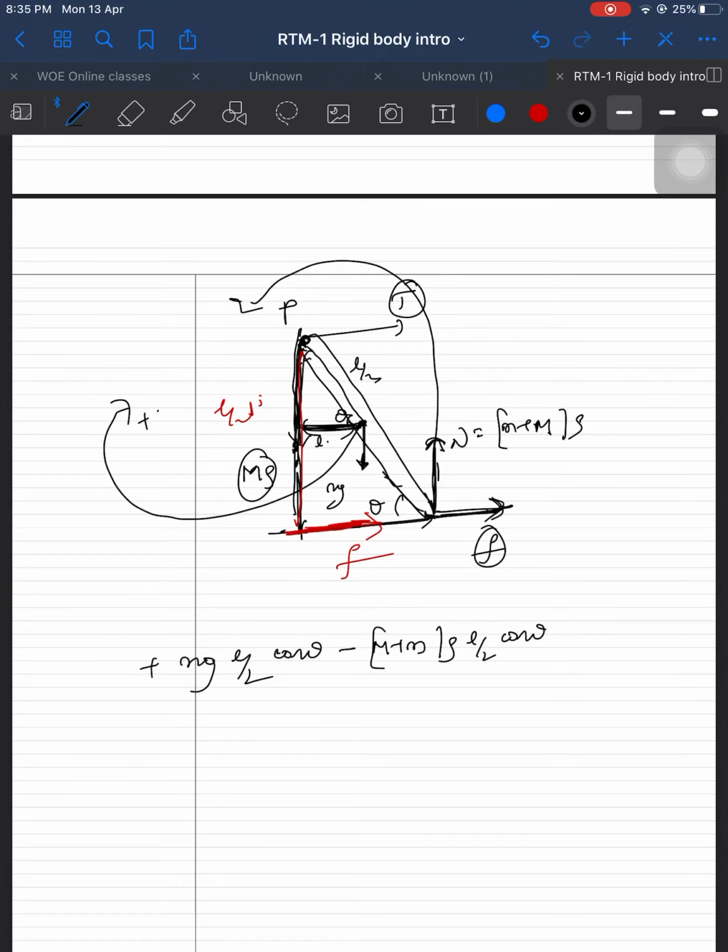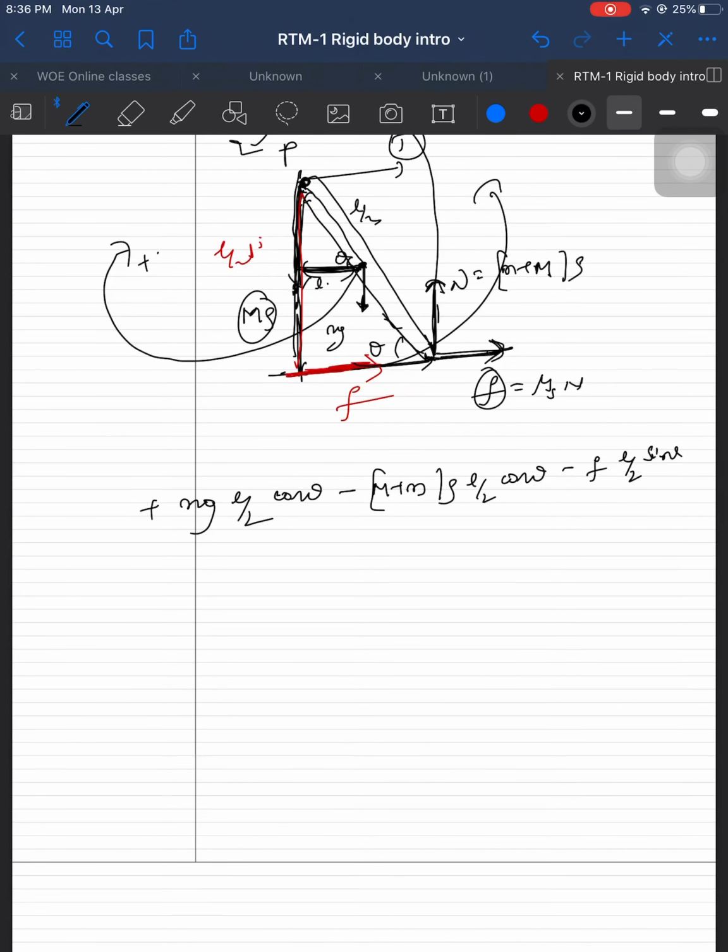So if we consider, this is which direction? It is in the opposite direction, minus f into L by 2 sin theta. F is nothing but mu s into N, right?